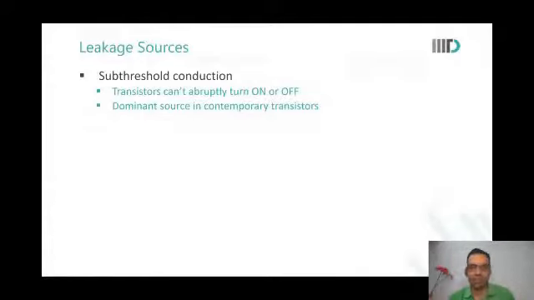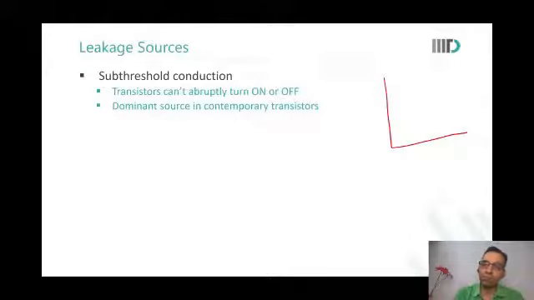VGS characteristics. Remember, we had made a log curve, where we had talked about subthreshold slope and so on. And this is log. And we had said that the slope has to be 70 millivolts per decade and so on.